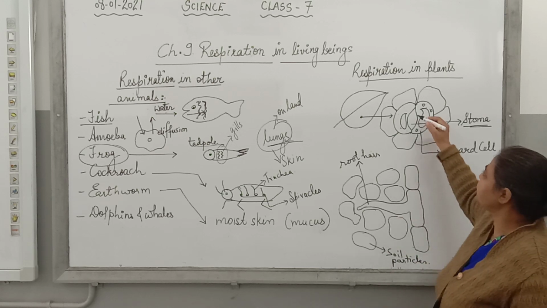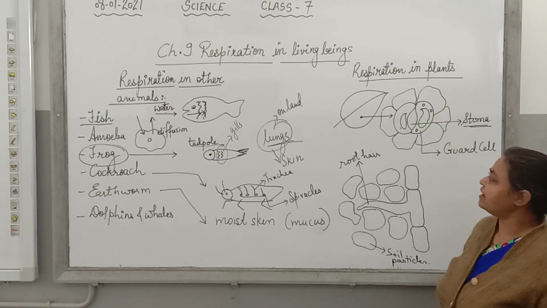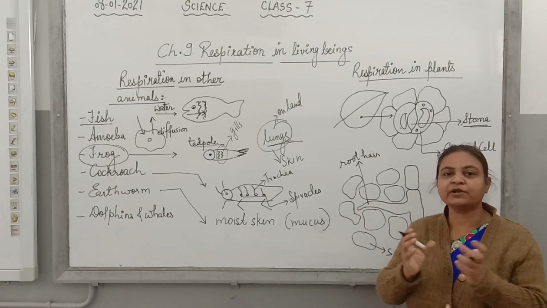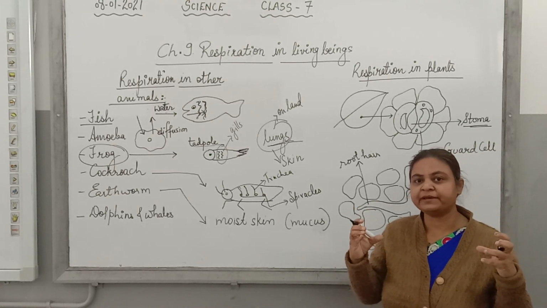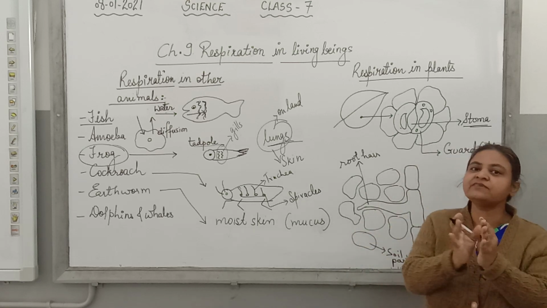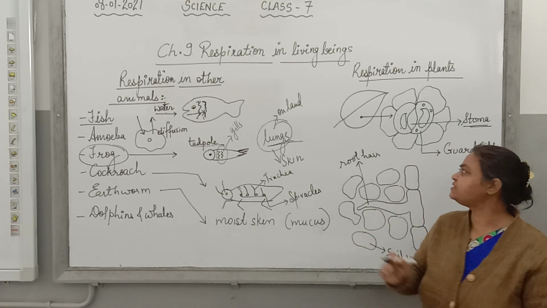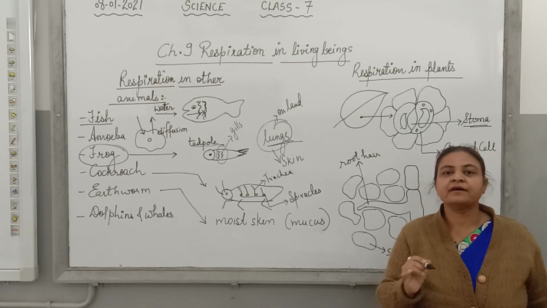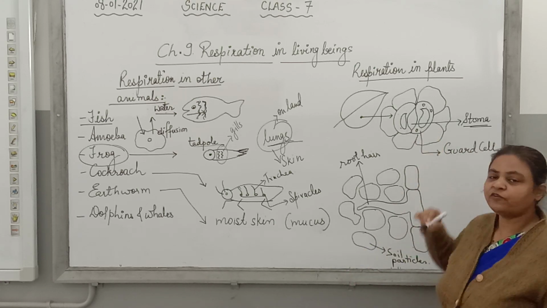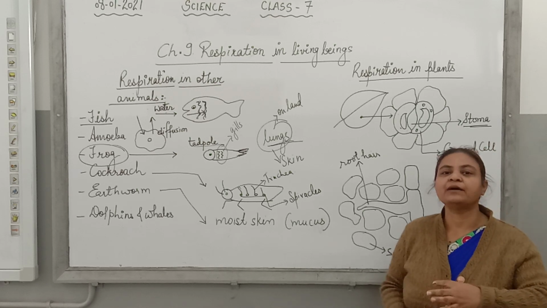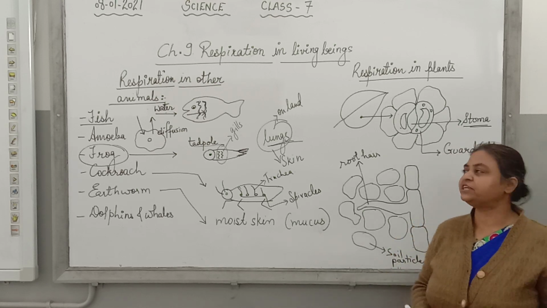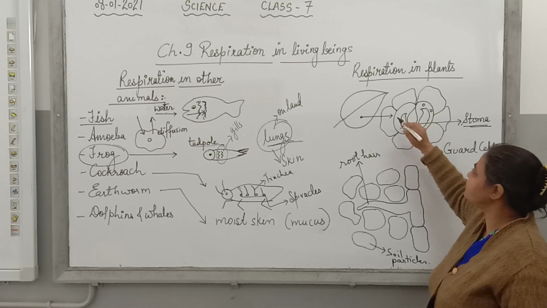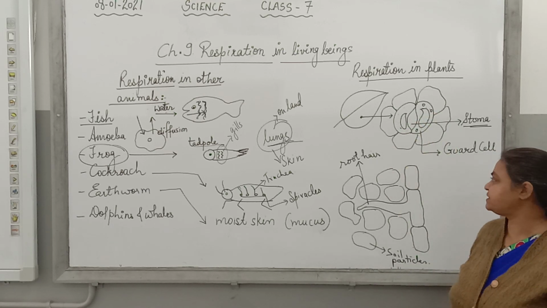These stomata are surrounded by guard cells which get filled with water and open the stomata, whereas when they lose the water, they close the stoma. This stoma helps in exchanging the gases and during photosynthesis takes up carbon dioxide and during respiration takes oxygen. So, oxygen is also exchanged through the stomata in the leaves.